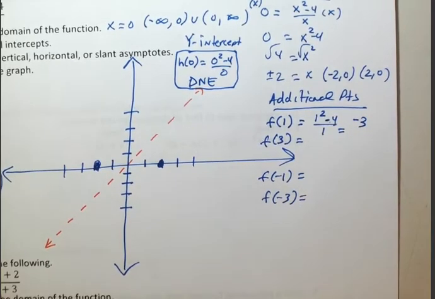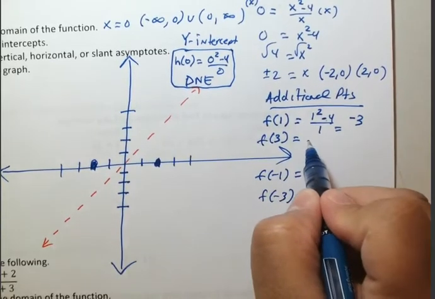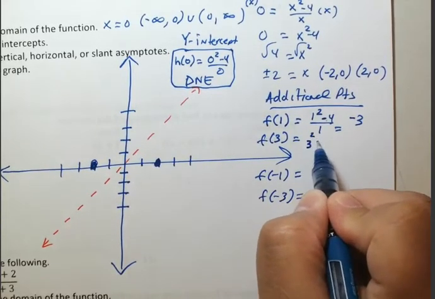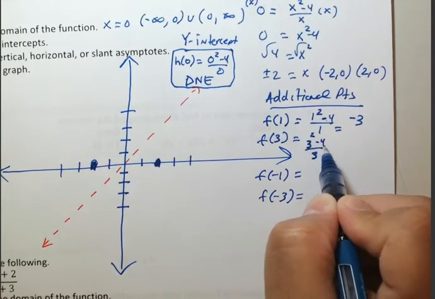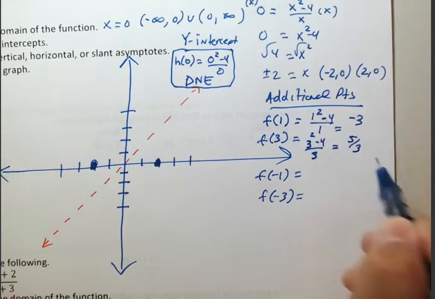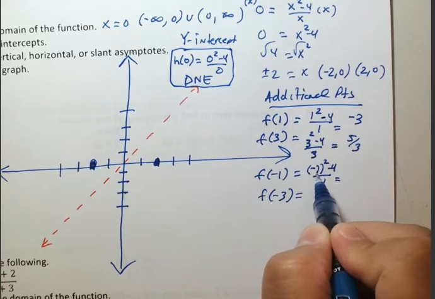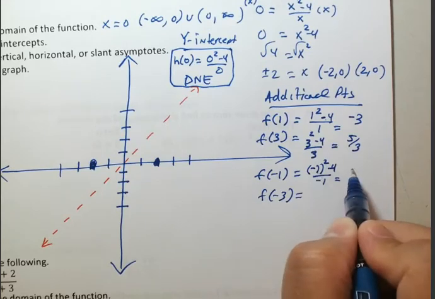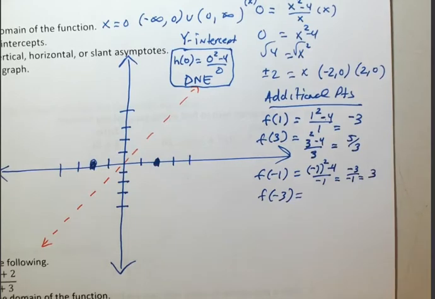And that gives me a -3. And then the next one would give me 3 squared minus 4 divided by 3. So that's 9 minus 4 is 5/3. F of -1. -1 squared is +1, so that's a -3 divided by -1 is +3.